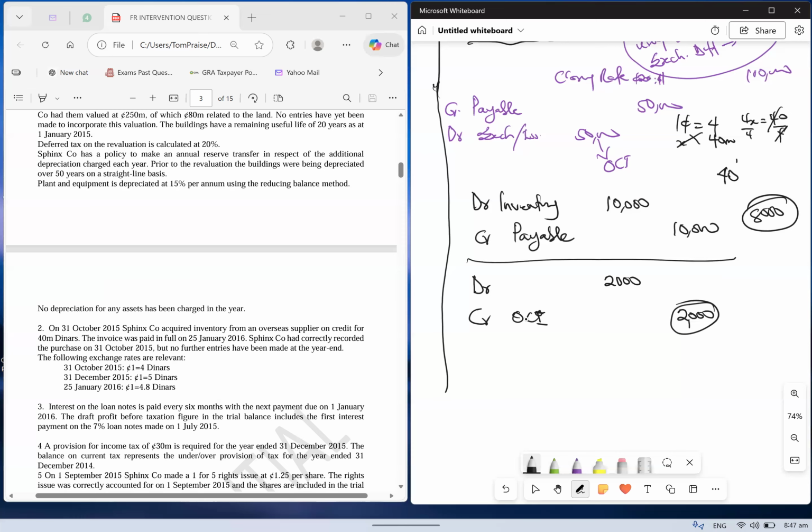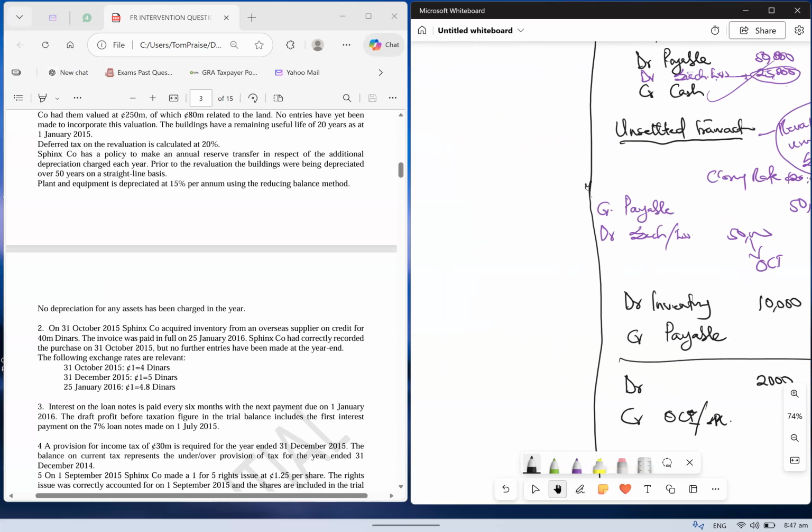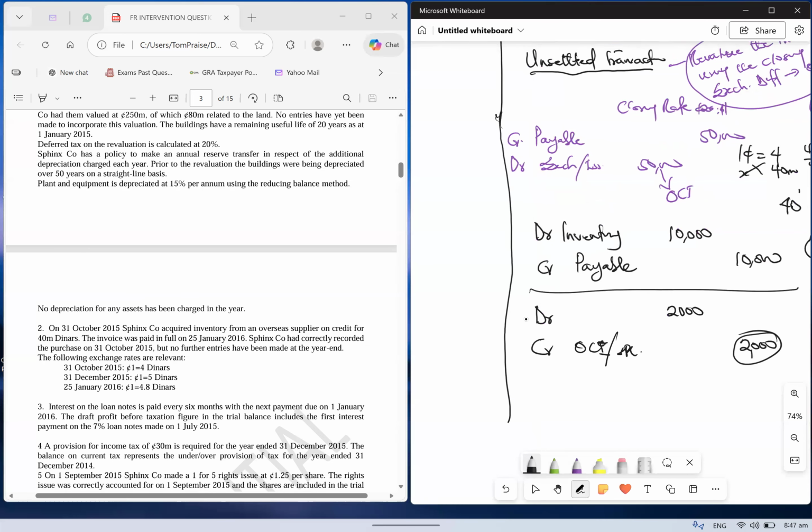So for the purposes of your exam, I will allow you to put this exchange gain in your P&L. So let's go to our P&L and add an exchange gain. But if you are a corporate reporting student, I won't allow you to put it into P&L. I'll tell you straight, let it go to OCI.